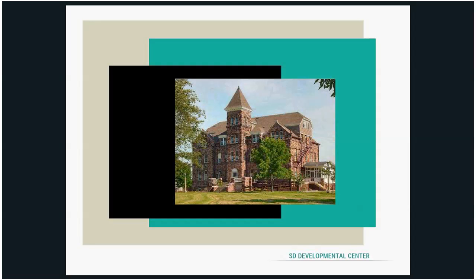In the early years, the primary concern was custodial care of the people, and the goal was to keep them separate from the rest of the world. This was believed to be beneficial for them as well as for society. So SDDC was built on a hill outside of Redfield, and it was separated from the community by a creek. So it really was kept separate.